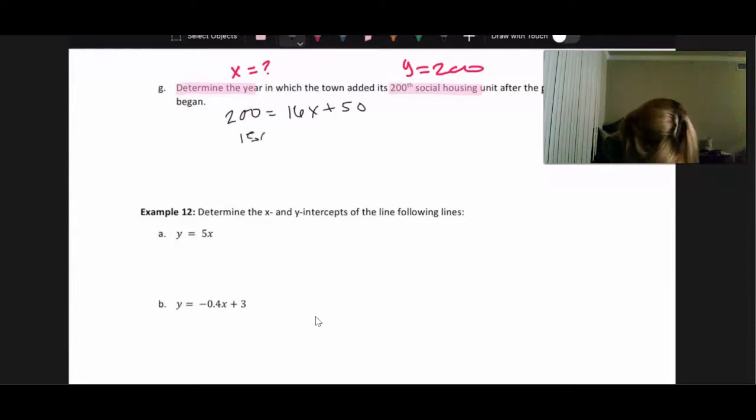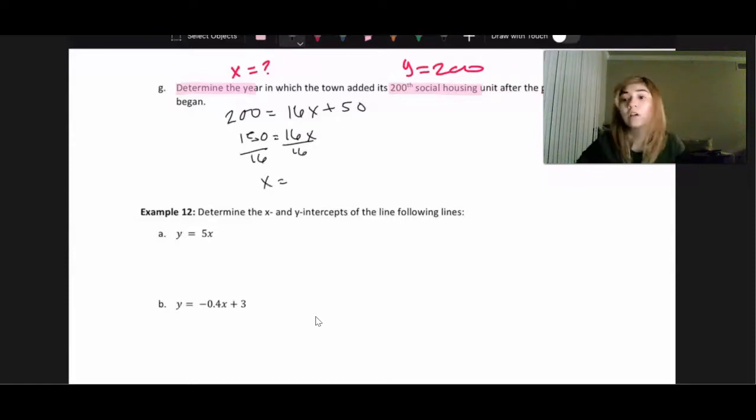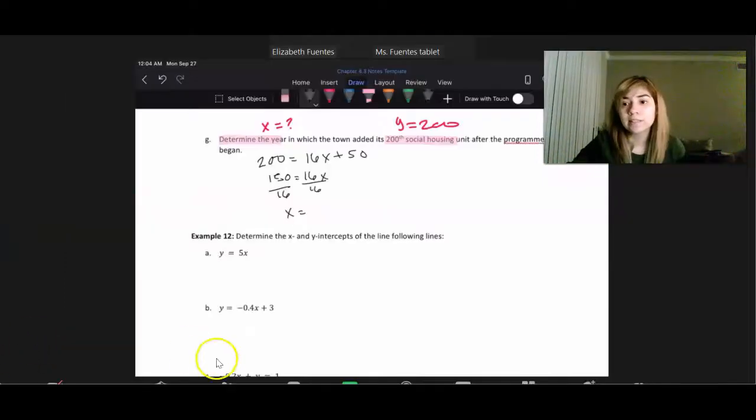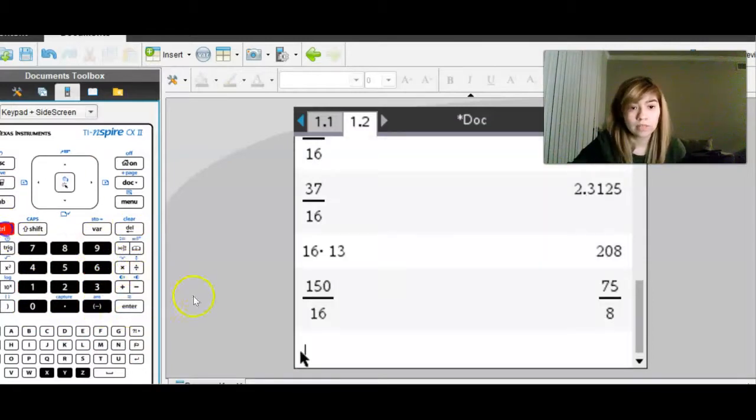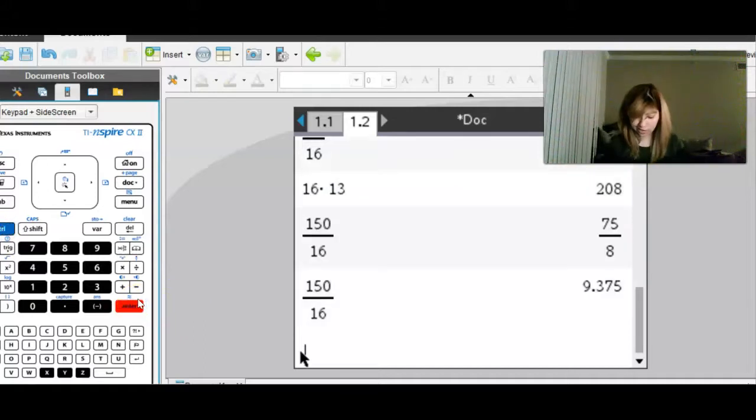150 equals 16x. Divide by 16. x equals 150 divided by 16. Turn it into a decimal, about 9.375.